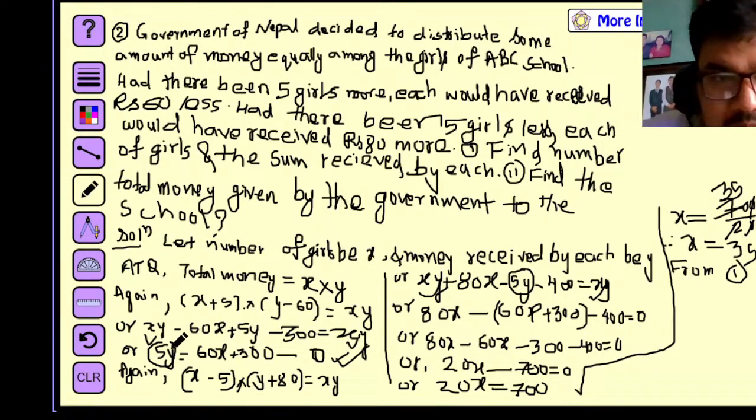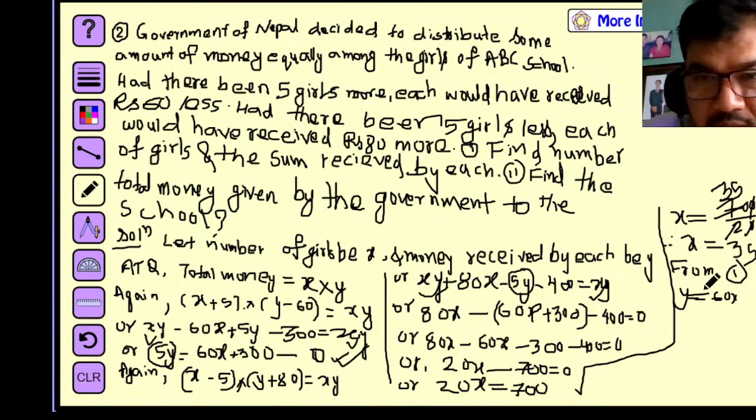From 1 we had 5y, then we can tell y equals, we divide by this 5, 60 into the x value we got already, 35, and plus 300. This whole result should be divided by this 5.